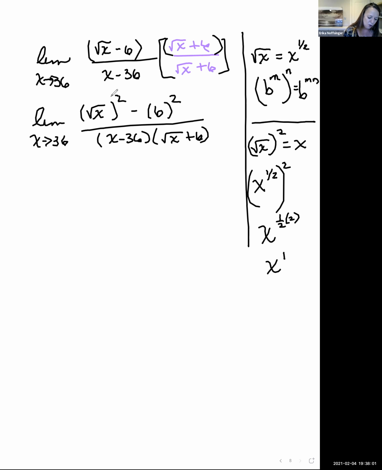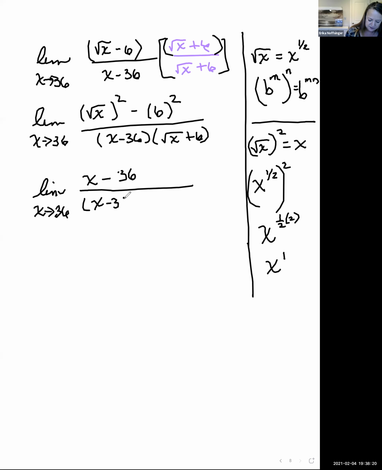So that's the whole purpose of finding the conjugate, so that when we distribute, the square root would go away. So this would just give us x in the numerator minus, and 6 squared is 36. So we have x minus 36 all over the square root of x plus 6.